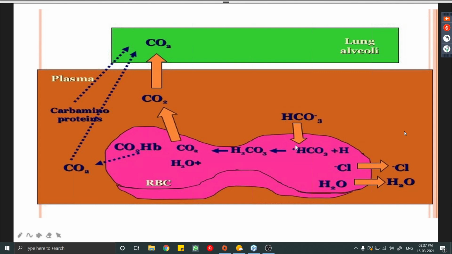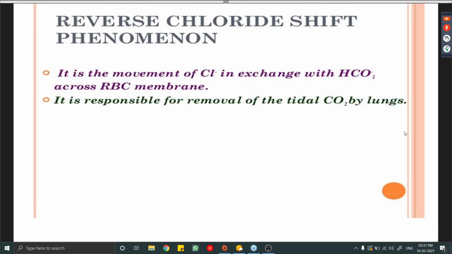The bicarbonate ions combine with H plus ions to form carbonic acid, which, because carbonic anhydrase catalyzes a reversible step, gets converted into carbon dioxide and water. This carbon dioxide gets expelled during expiration, and some of the carbon dioxide is carried in the plasma in the form of carbamino proteins.